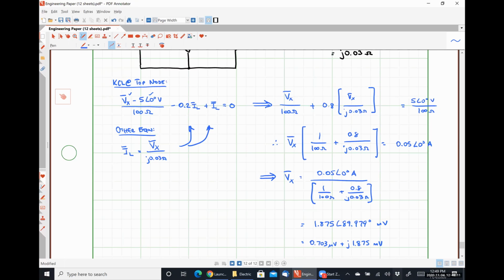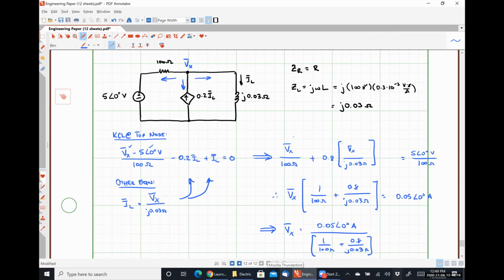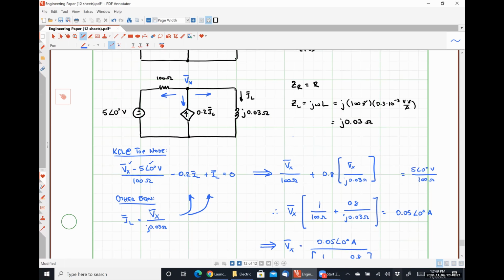Let's see, what's the chat saying? Can I do a source transformation? Let me look at this guy real quick. I can scroll up. Yes, I could have done a source transformation. That would have put a 50 milliamp source in parallel with that 100 ohm resistor, in parallel with the dependent current source, in parallel with the inductor.